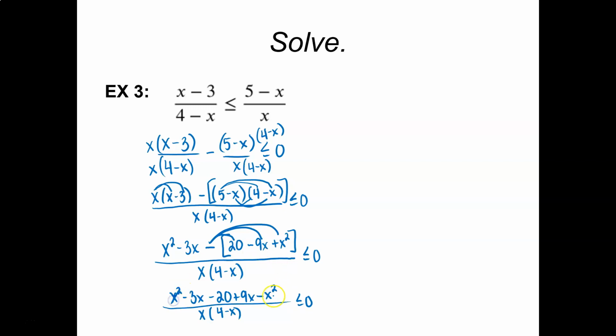And my x squareds are going to cancel. Looks like I'm going to get 6x minus 20 over x times 4 minus x.